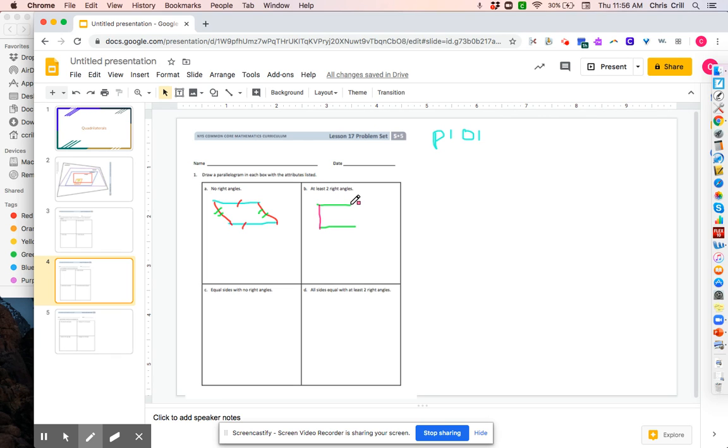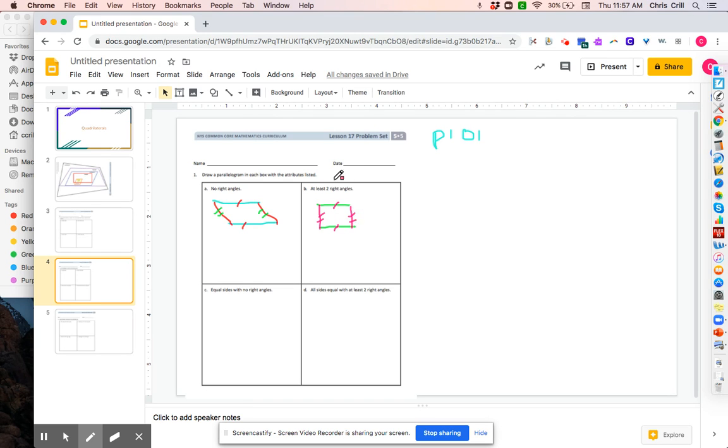Well, if I make this side come out in that direction, this is no longer going to be a parallelogram, because remember, a parallelogram has to have two pair of parallel sides. So these two are not parallel. In order to make this side parallel, I have to come down straight here. So this is a parallelogram, parallel side, parallel side. These two sides are parallel.